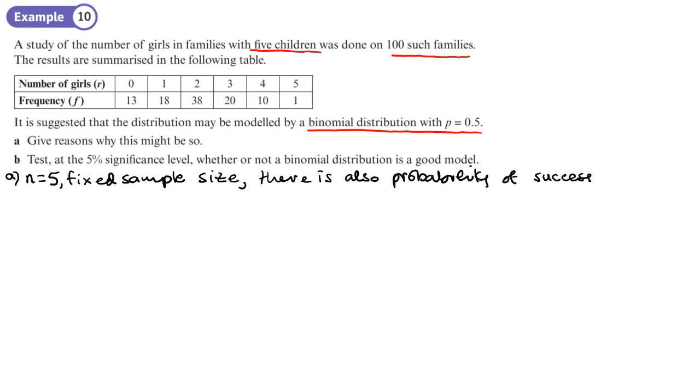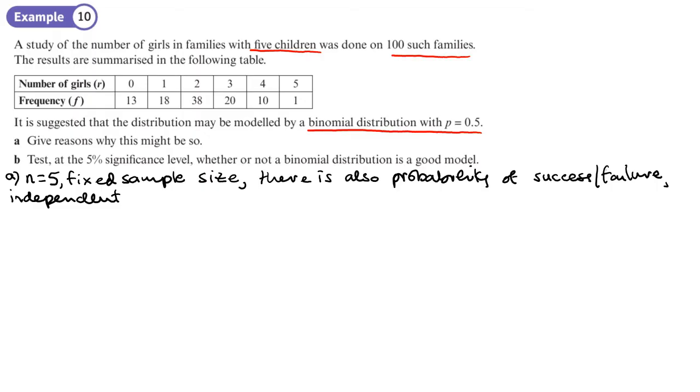In other words, it's either a girl or it's not a girl. And these trials should be independent. Yeah, so going to a family of 5 and finding out whether they've got boys or girls should be independent of going to a different family with a family of 5. So fixed sample size 5, probability of success or failure, and independent. So that's 3 good reasons why this could be modelled with a binomial distribution.